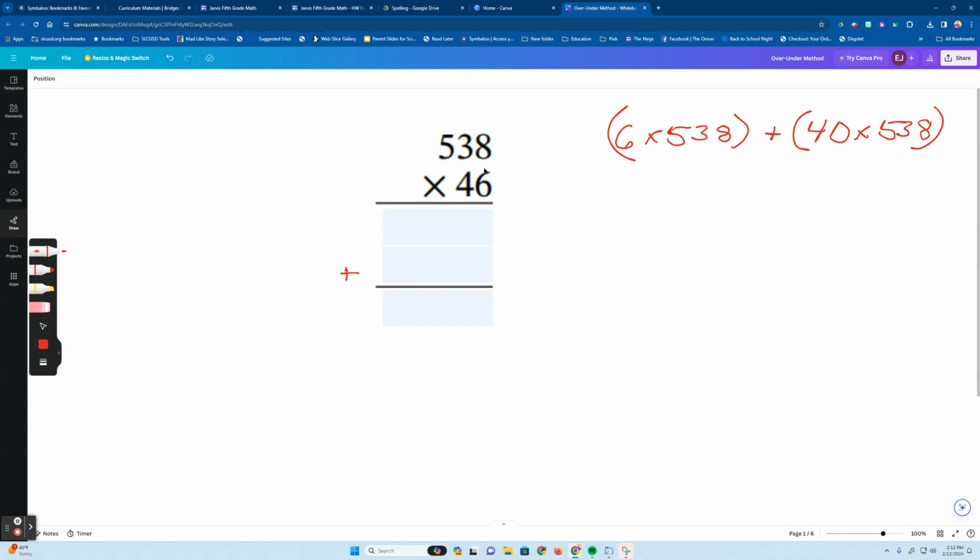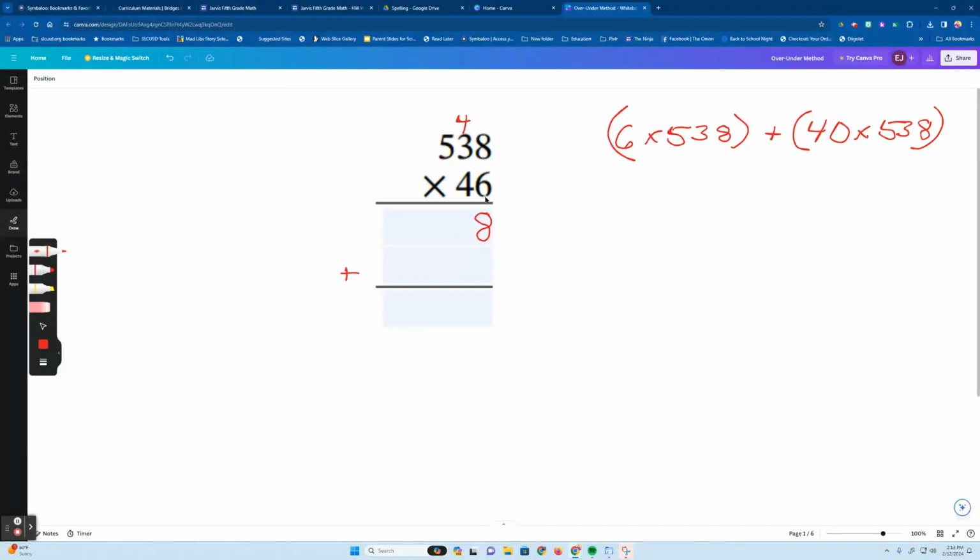So 6 times 8 is 48. But instead of writing the 4 tens here, I'm going to add it later by what we call carrying. This is kind of the old school method.